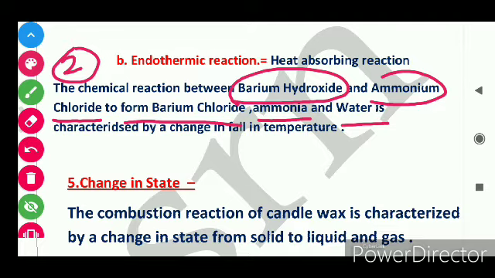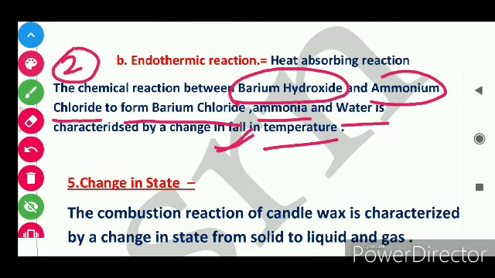In this reaction, temperature falls, meaning temperature decreases. A lot of heat energy is absorbed during this reaction, due to which the temperature of the reaction mixture falls and the bottom of the test tube becomes very cold.